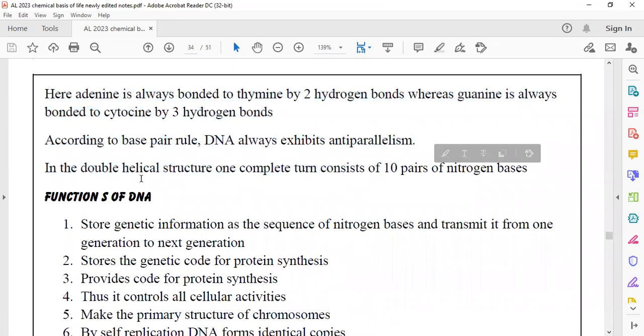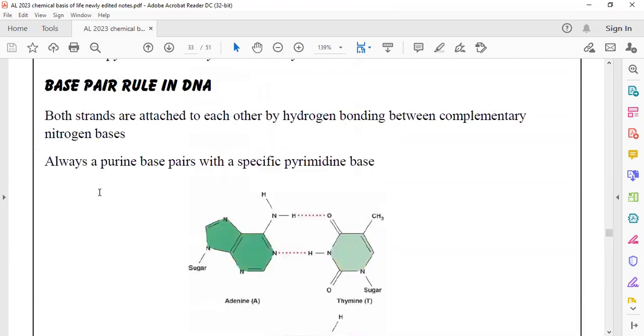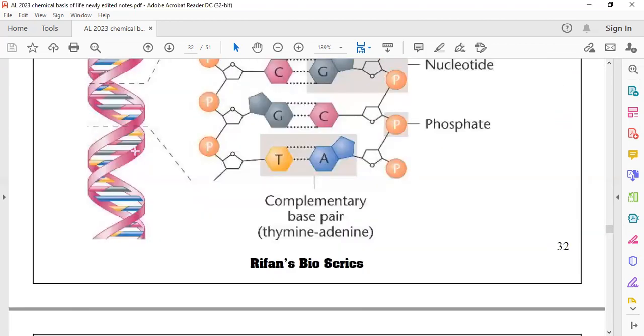Okay, only one thing I have to tell you. In a double helix, one complete turn, one turn. Now see, this is a single turn. In the single turn, there will be 10 pairs of nitrogenous bases.